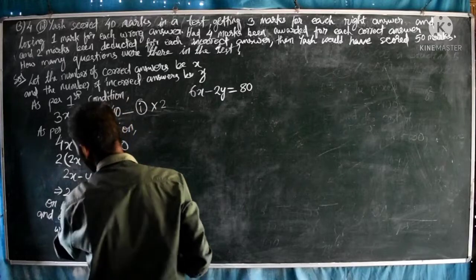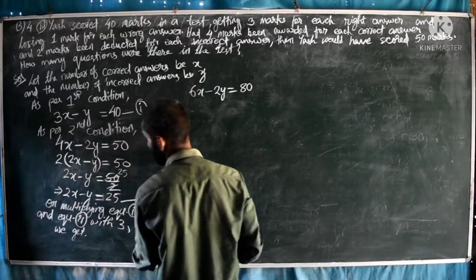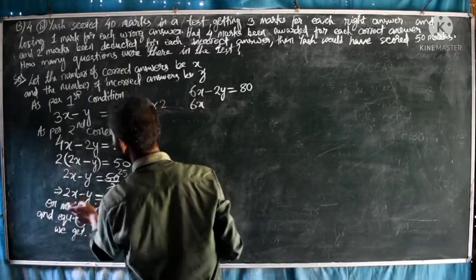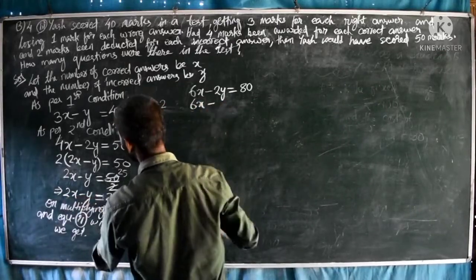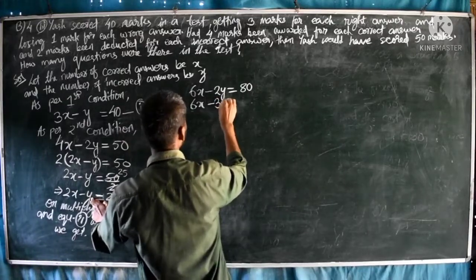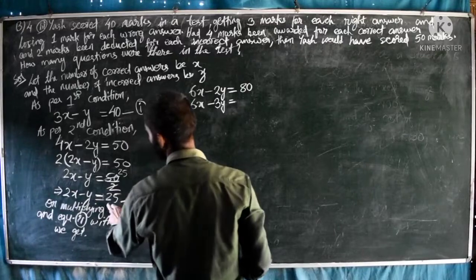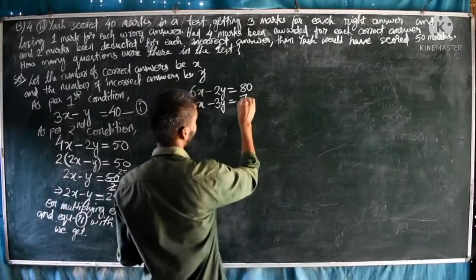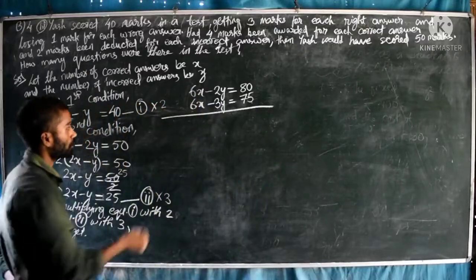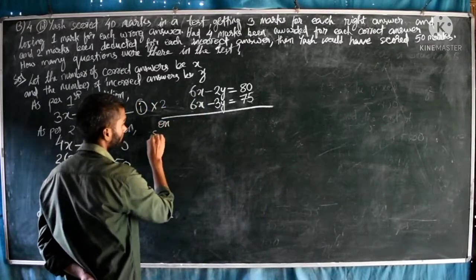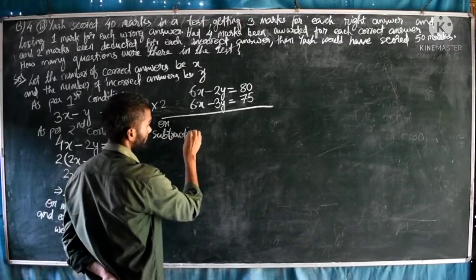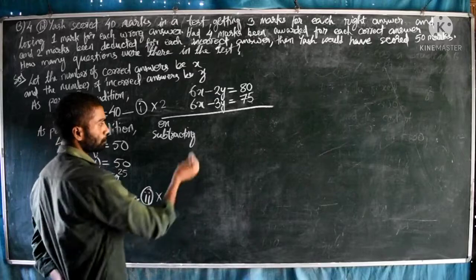Again when we are multiplying equation 2 with 3, 3 into 2 it is 6x minus 3 into y, we will get 3y, it is equal to 25 into 3, we will get 75. Now we will subtract them.